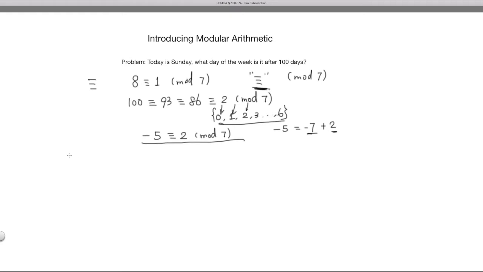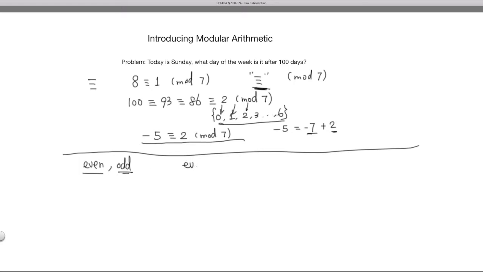And actually, we have seen that in a very, very simple example. Remember that we group numbers into even and odd. Even numbers are the numbers that when you divide by 2 have remainder 0. Odd numbers, when you divide by 2, have remainder 1. And remember that we have these simple rules.